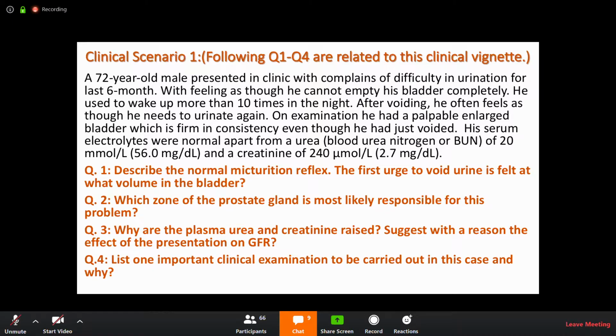For example, anything which damages the afferent nerves, the spinal centers and efferent nerves may do so. Any damage to the receptors, the afferent nerve, the efferent nerve, and the spinal center may cause it. We call it a neurogenic bladder, and we have discussed it in my lecture.